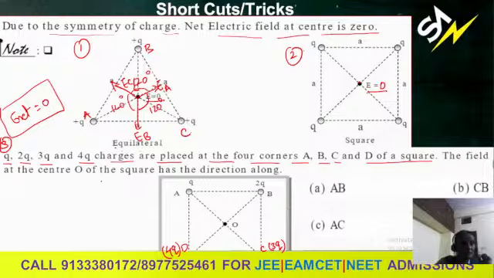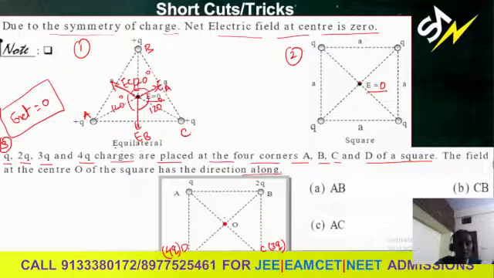The field at the center O of the square has the direction along. They're not asking magnitude, they're just asking direction. Okay, come here at the center. Whenever we are finding electric field at any point, whatever charge is at that point does not matter.